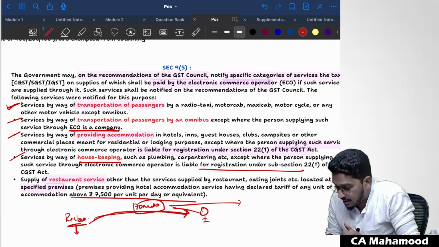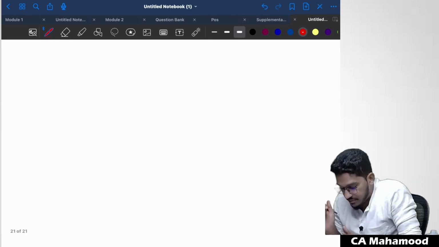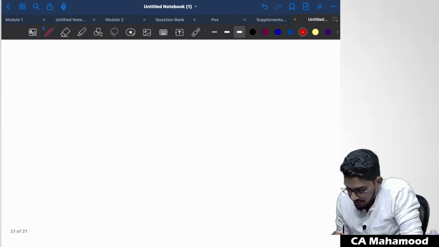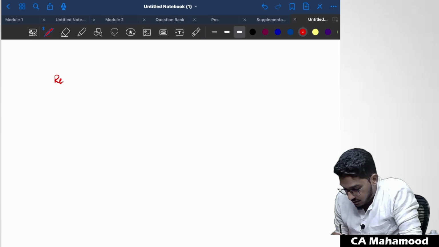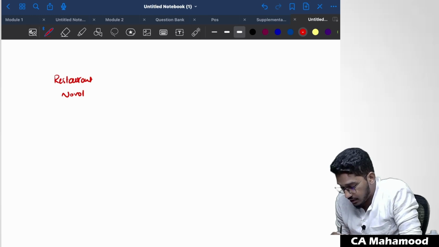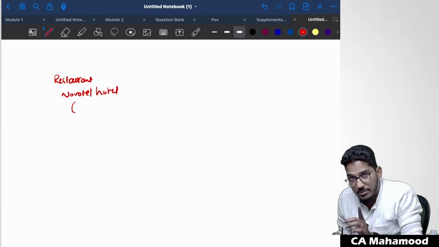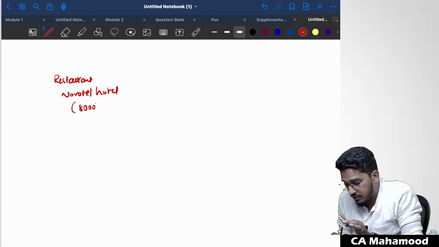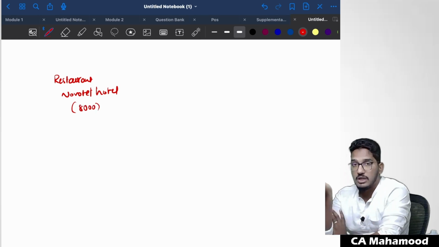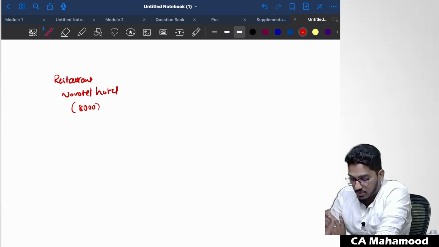So what they are trying to say here is, once again, if I try to summarize this point, take for example, there is a restaurant located in the Novotel Hotel, and in the Novotel Hotel, the accommodation charge per unit per day is 8,000 rupees. If someone wants to stay in the Novotel Hotel, the accommodation charge per day per unit is 8,000 rupees.